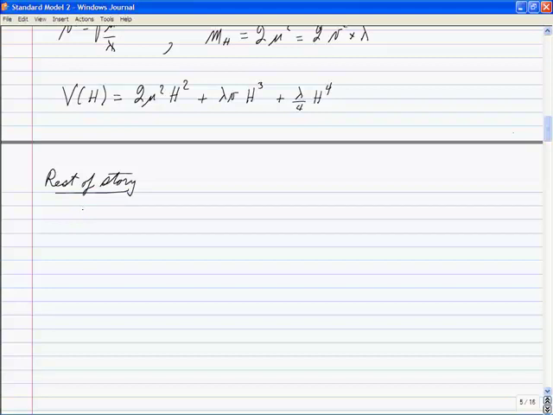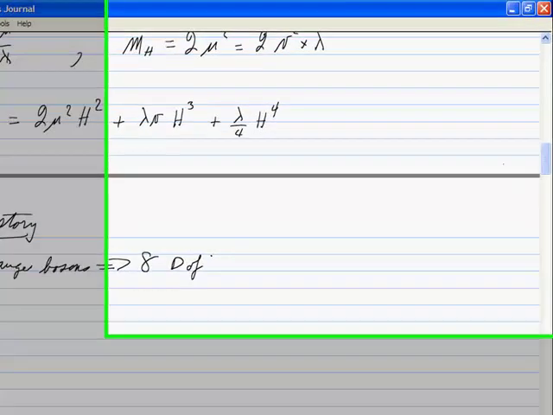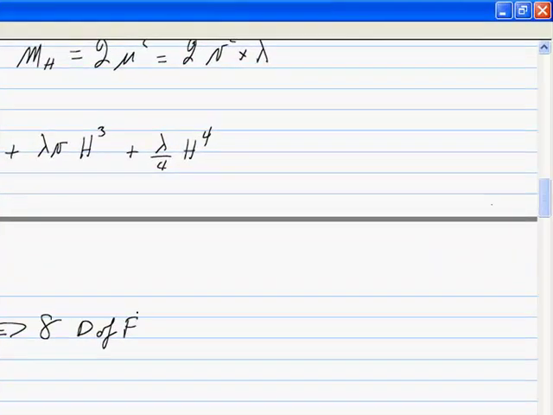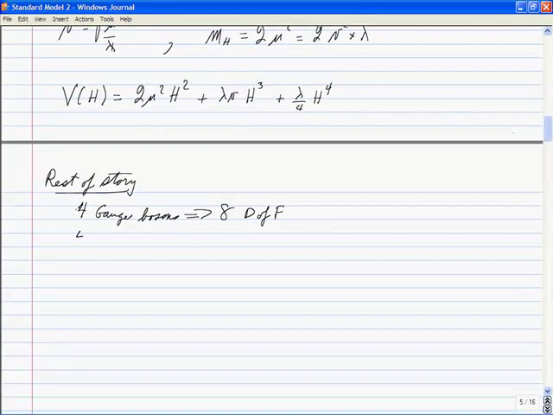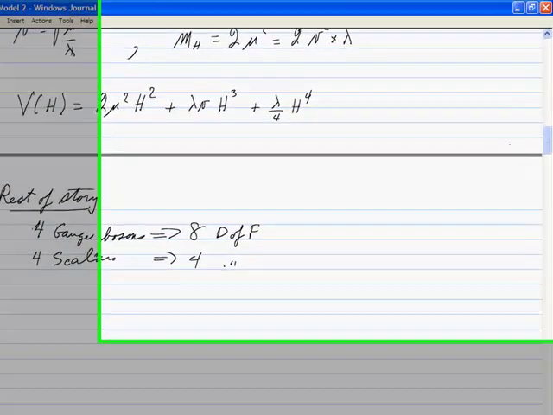We started off with 4 gauge bosons, which is 8 degrees of freedom, 2 helicities each. We have 4 scalars, so that's another 4 degrees of freedom.